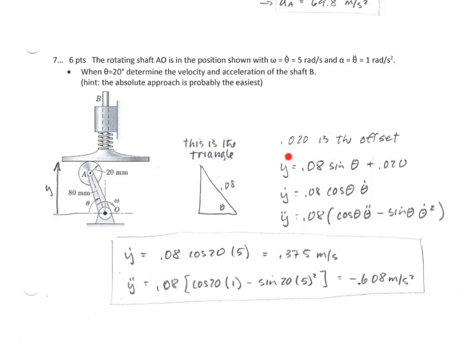So y is actually equal to 0.08 sine theta plus 20, where 20 millimeters is the offset. Taking the two time derivatives, this 20 thousandths goes away. So it turns out to be not a factor when it comes to the actual speed. Solving that, you get 0.375 and negative 0.608.